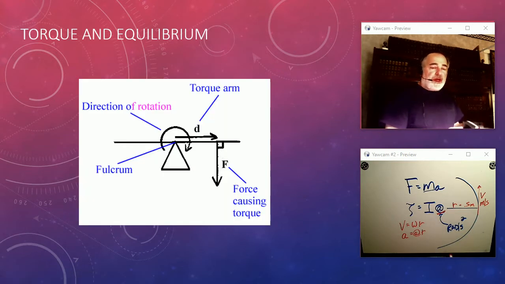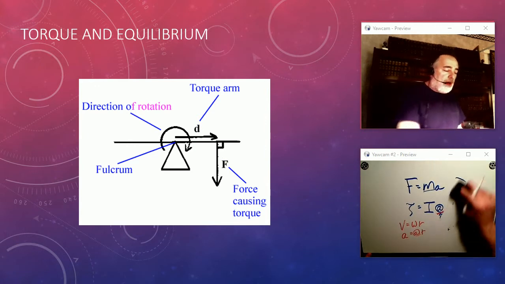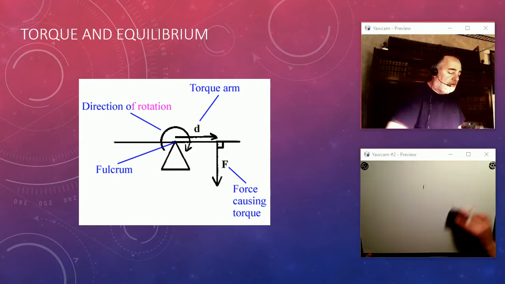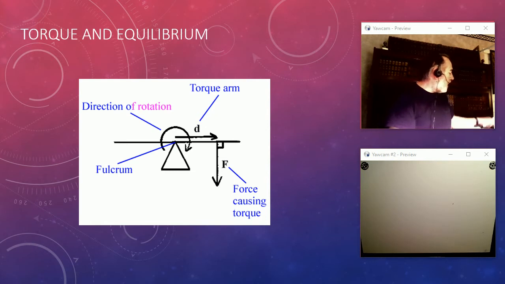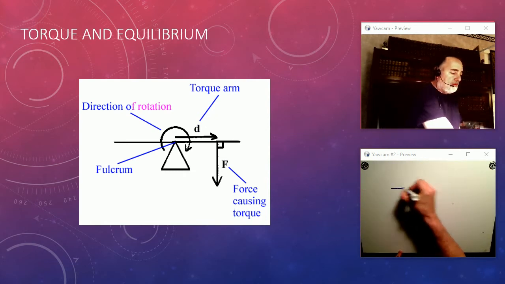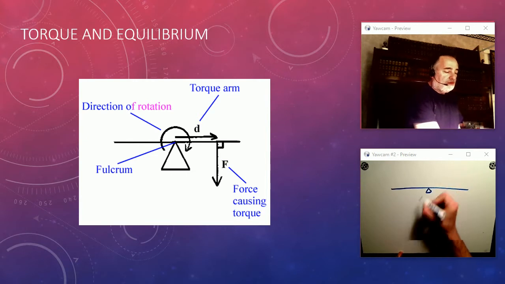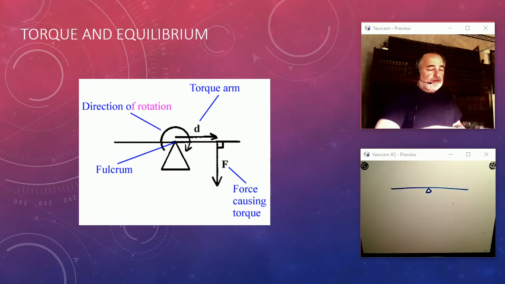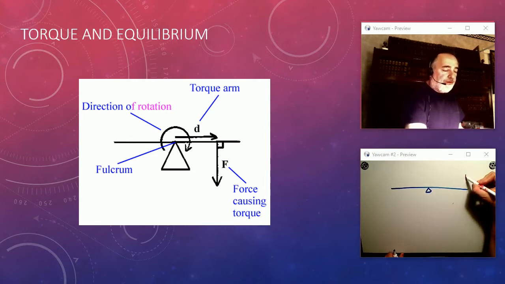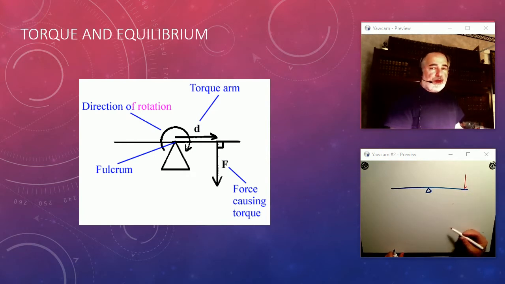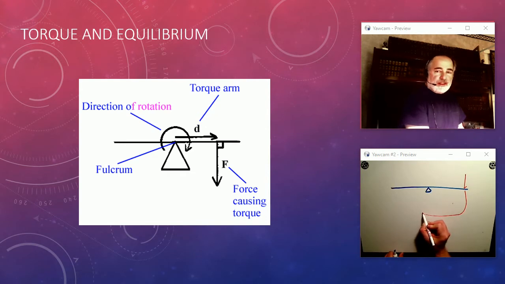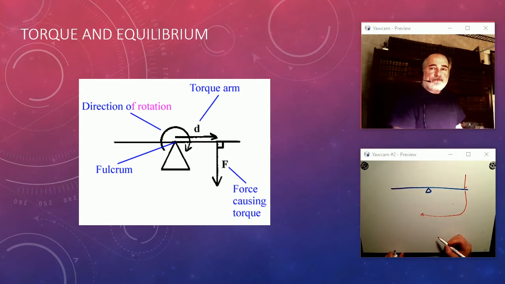And so, as we look at that, the spin that we're going to be talking about that is caused by torque, this is like a seesaw type of example, would be a force that we would place. And what's going to happen to the seesaw? Well, intuitively, you're going to see it go in that direction, right?